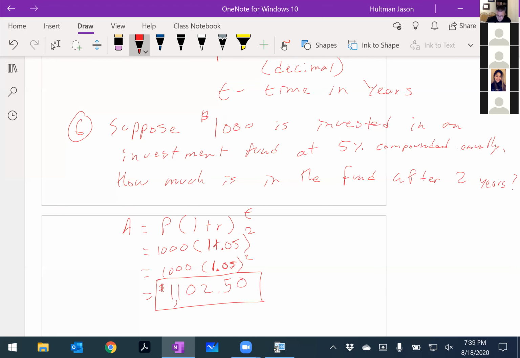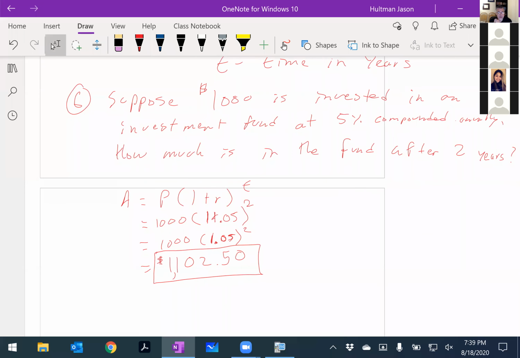It was good. Okay, so this is the money that I earned in my account at the end of a 2-year stretch. Now, had I just done simple interest, how much would I have made? If I hadn't compounded, how much money would I have made?